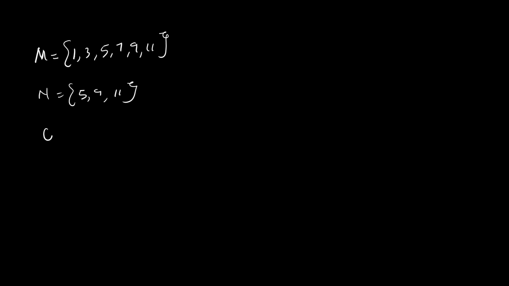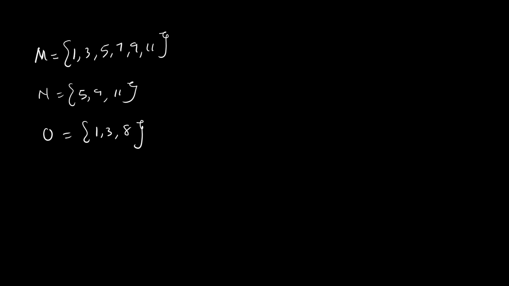Looking at another example under subset and superset, if you have a set M equal to 1, 3, 5, 7, 9, 11. These are odd numbers. And we have set N equal to 5, 9, 11, and set O equal to 1, 3, and 8.